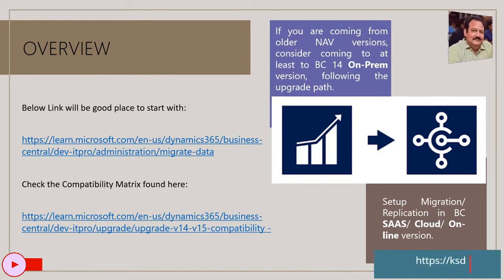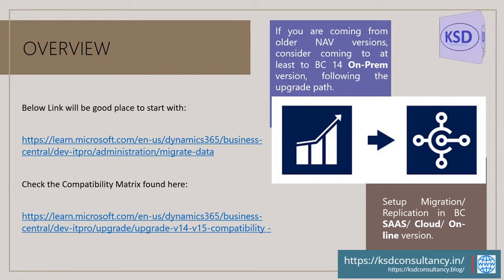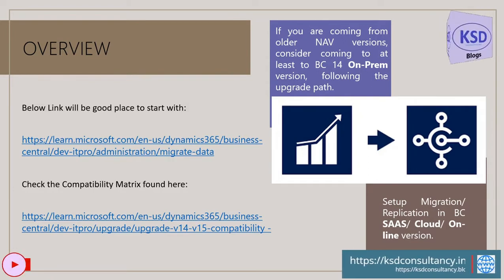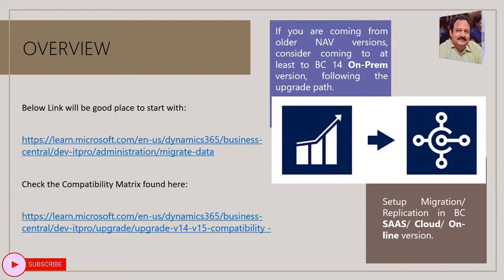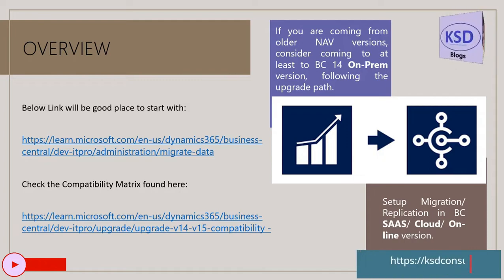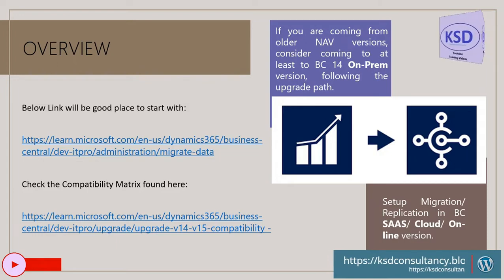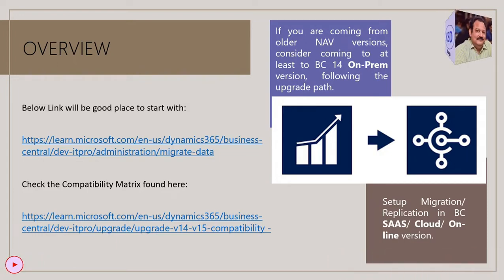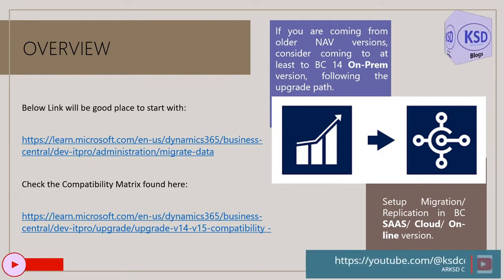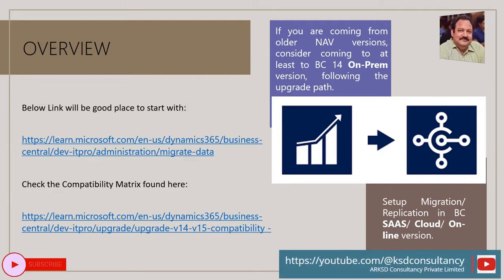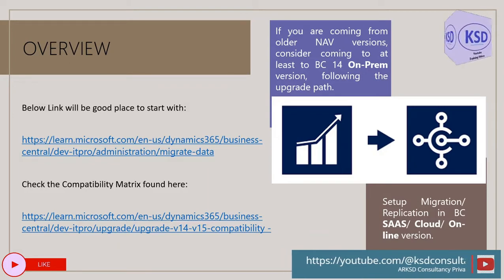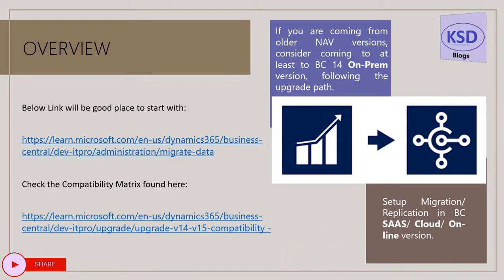Let's take an example: if you are coming from an older version of Navision, say Dynamics 2009. From 2009, you cannot go directly to the cloud solution. You will have to follow a certain path. The first hop from 2009 will be 2013, so you first migrate your data from 2009 to 2013.